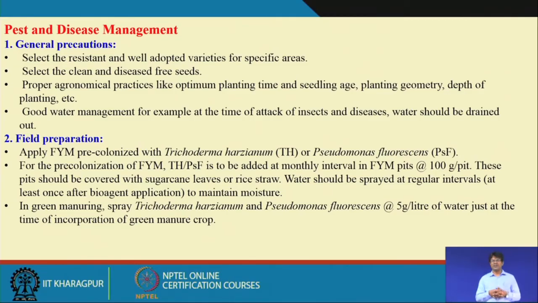Proper agronomical practices like optimum planting time are very important in organic farming, because if you make a delayed planting or early planting, first of all the yield gets reduced. In case of the kharif rice crop, planting around July 15 to July 30 is the best time, especially for eastern India. If you go for early planting, what will happen?